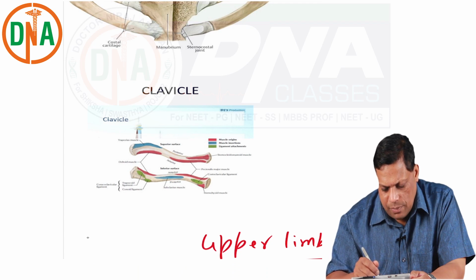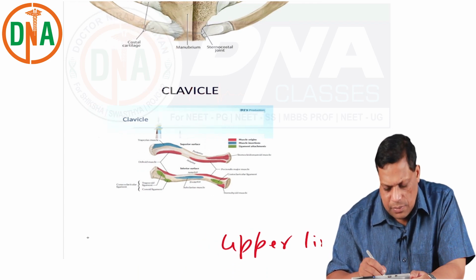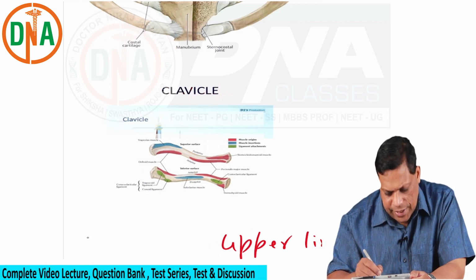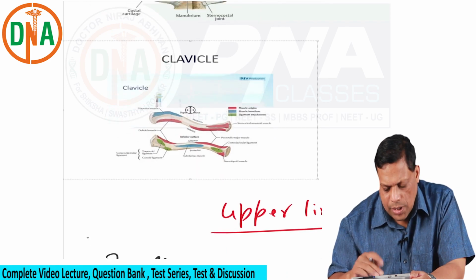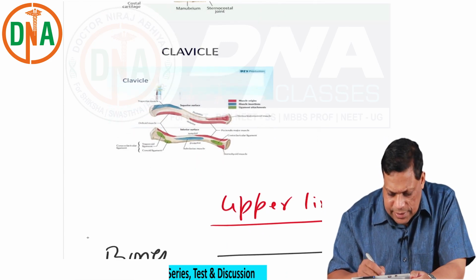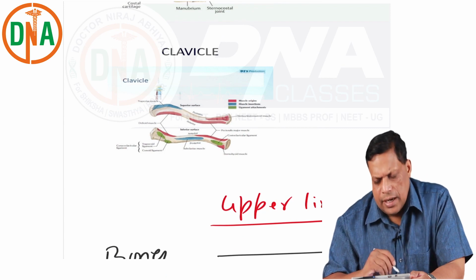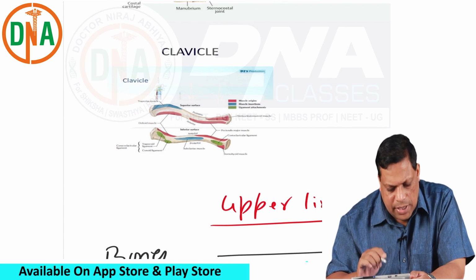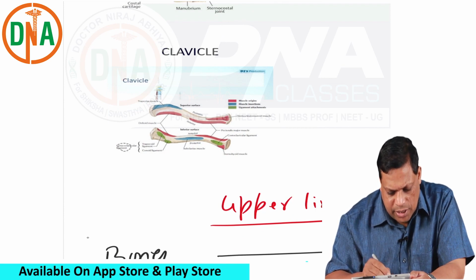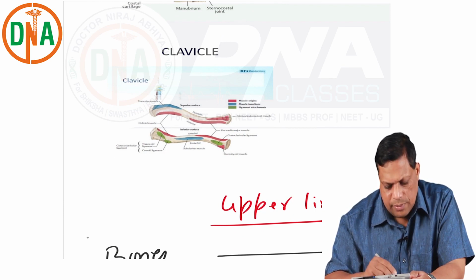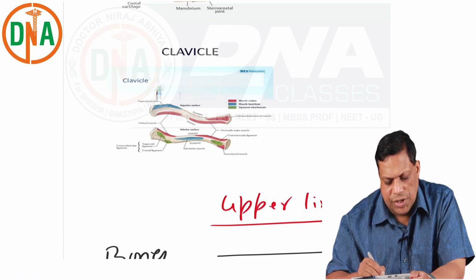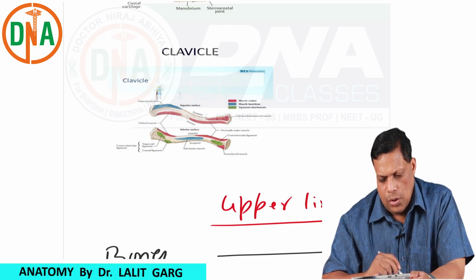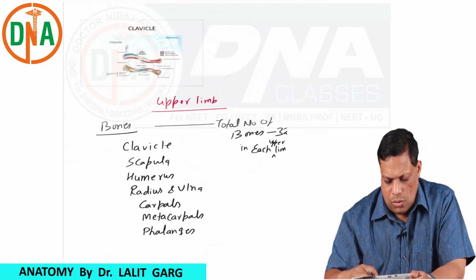Green color in every bone shows the attachment of some ligament. Here, a very important ligament, the coracoclavicular ligament, is attached on the inferior surface.